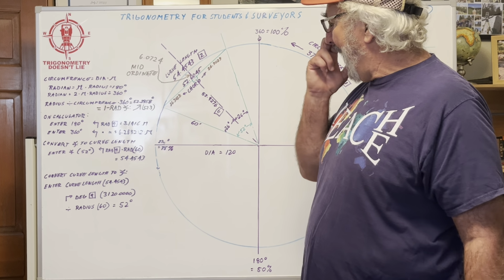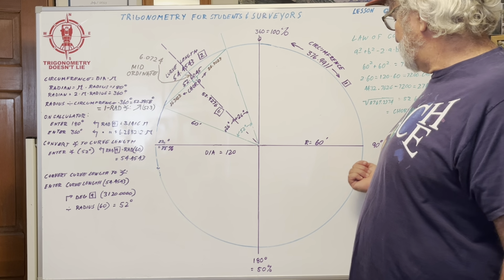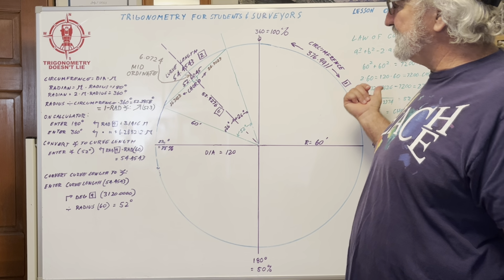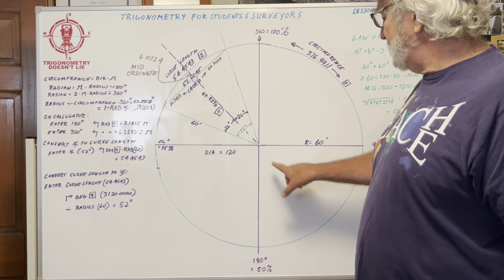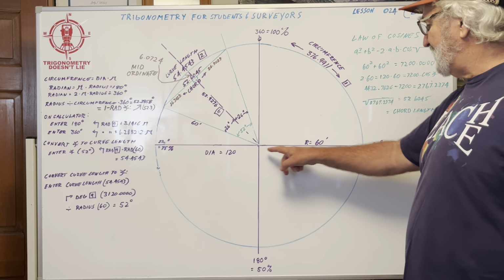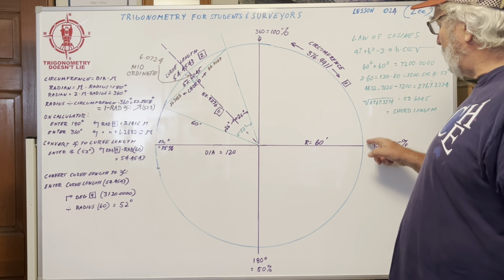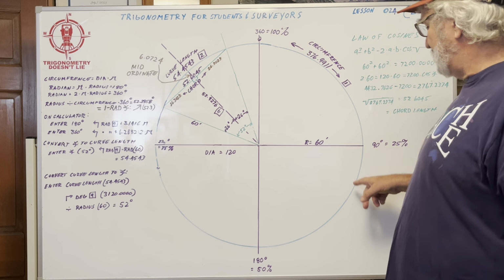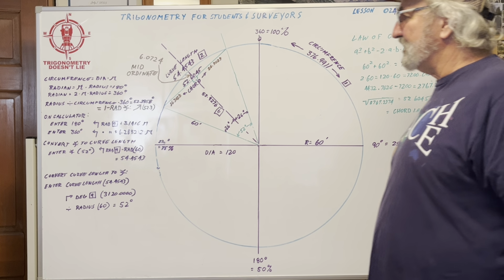Okay, so what a radian is, and we talked about this on the last one where we did start to talk about radians, and we did work a bunch of it out. A radian is the radius, so in this case it's 60 feet, subtended on the circumference, or overlaid on the circumference. So you would have 60 feet overlaid on this one here.